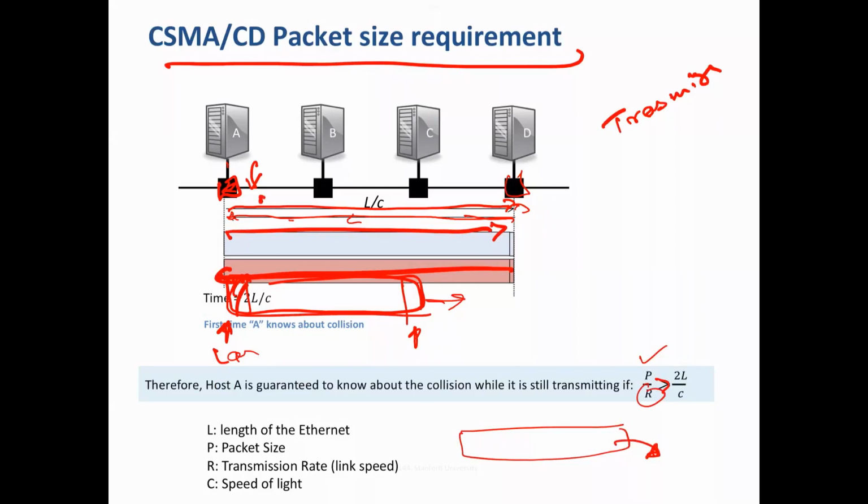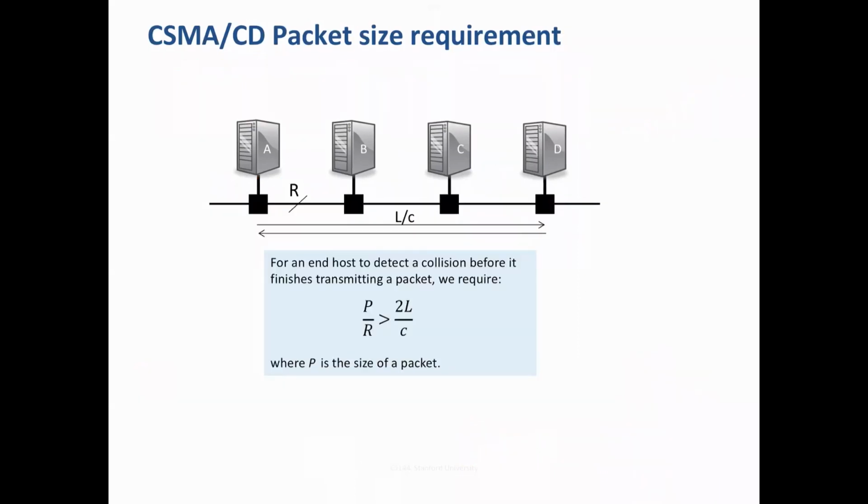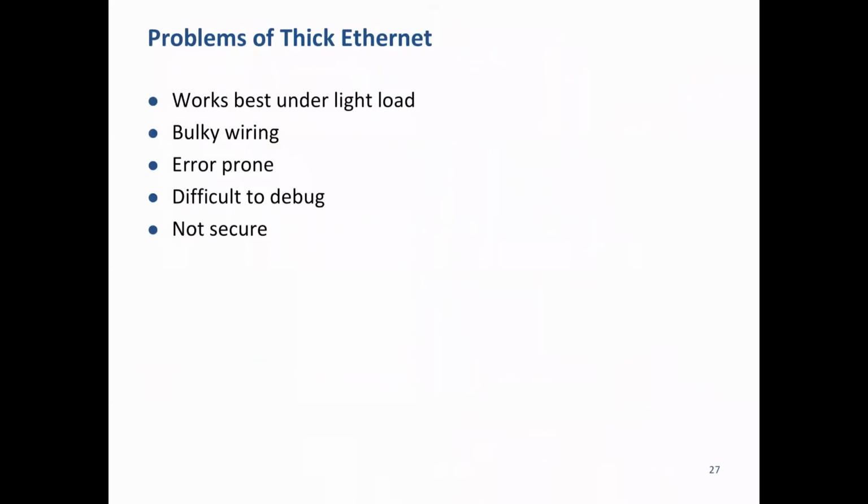So the last bit will go only at that point, right? This gives the time, and this time has to be greater than 2 times the length, because the signal has to go twice to the end at the speed of light, so 2L/C. It's very simple. Please go through it by yourself and you'll understand it. It's no big deal.